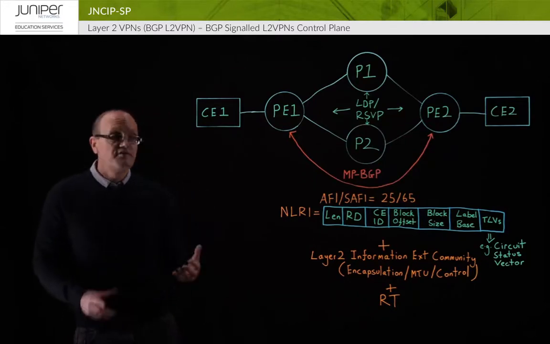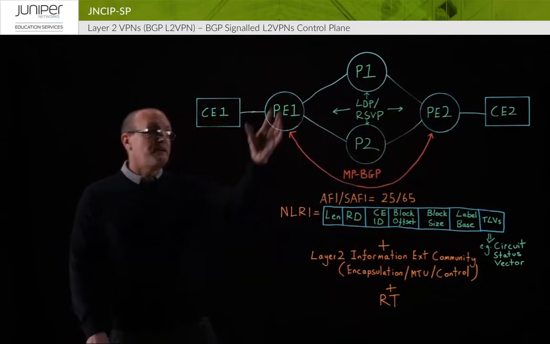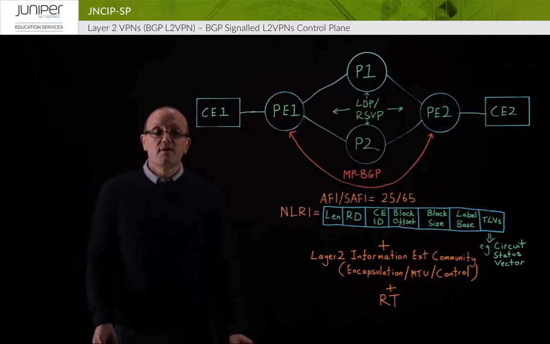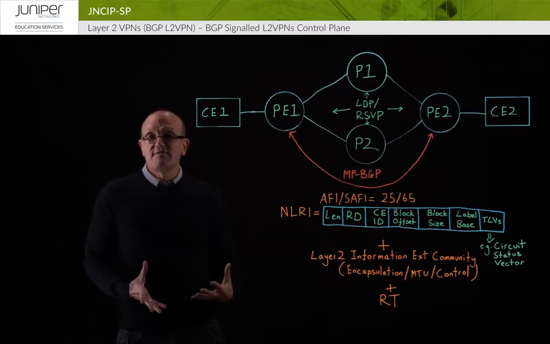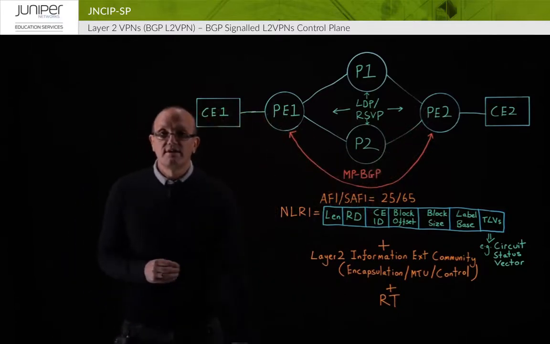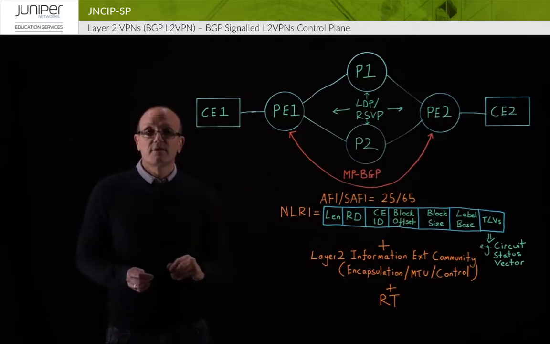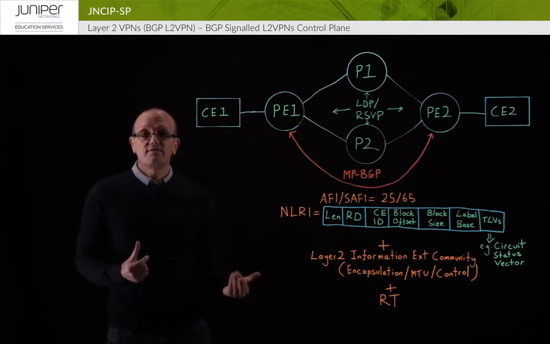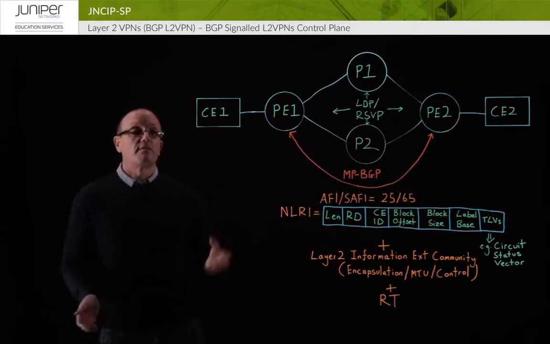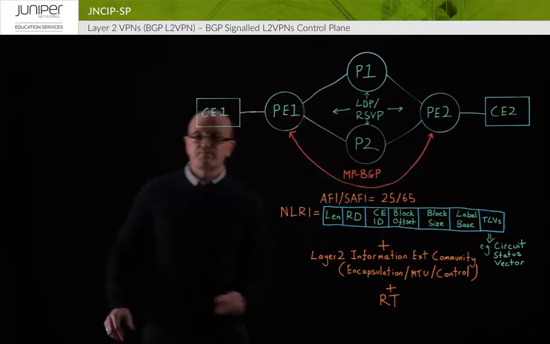We also have multi-protocol BGP running between our PE devices, or maybe via an intermediate route reflector. And again, much like Layer 3 VPNs, this is providing the signaling of the virtual assets that we're providing to the customer. In the case of Layer 2 VPNs, it's providing the signaling that's facilitating the establishment of our virtual circuits, of our point-to-point links.